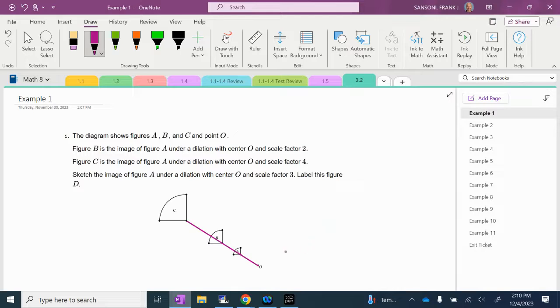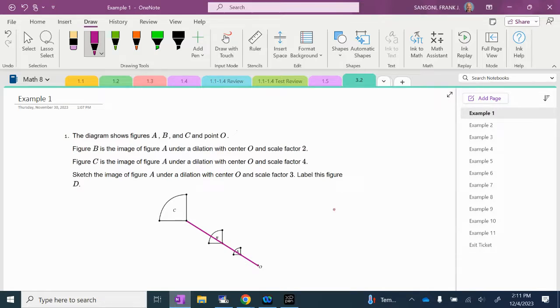And then the first thing I want to do is measure from the center O. I want to measure the distance in centimeters from O to the point of A. So use your ruler and measure it and tell me, what did you get? How many centimeters is that? And we have to be really precise.